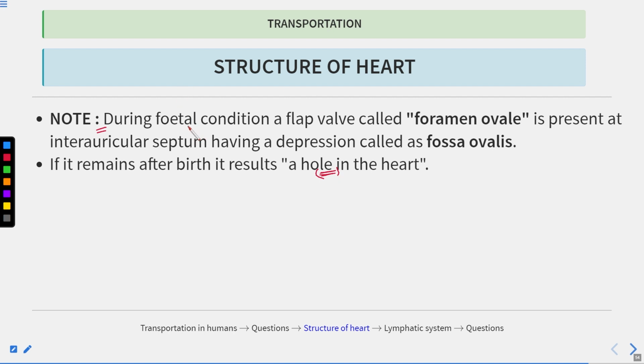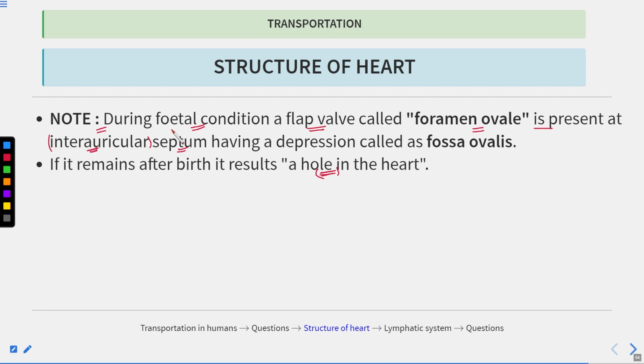During the fetal conditions, there is a flap valve known as the foramen ovale. This valve is present at the interauricular septum, meaning between the auricles.